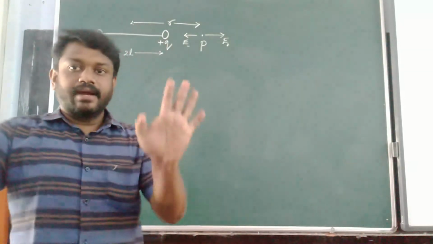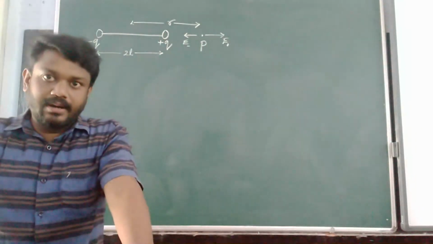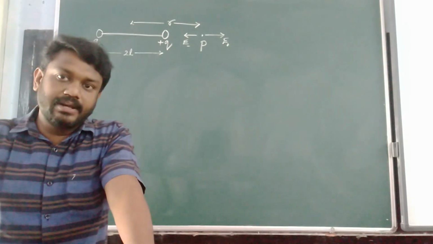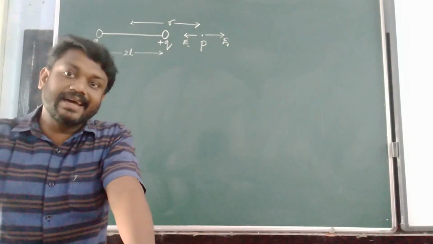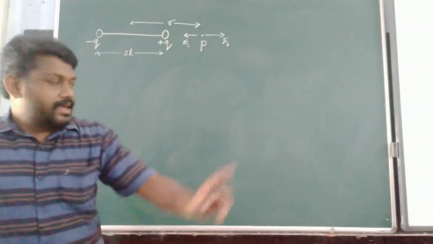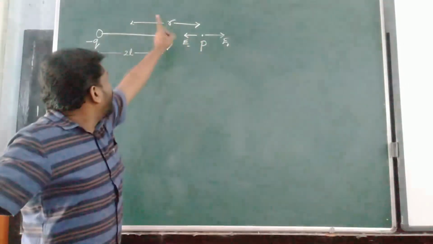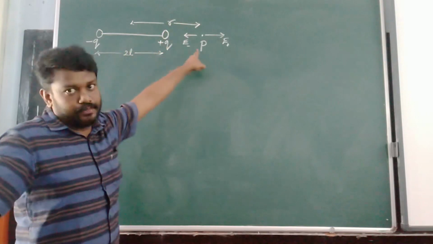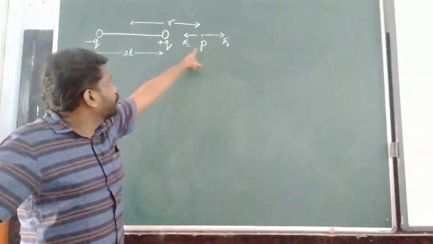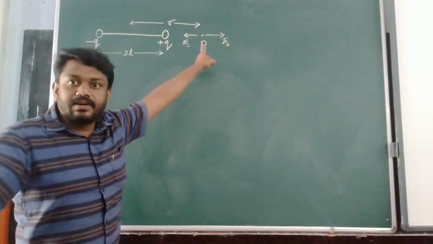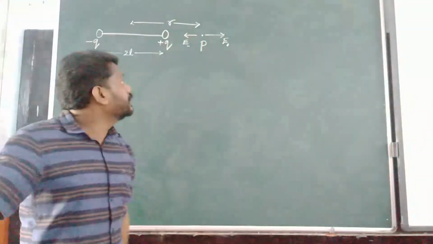Here for a dipole, we are finding the electric field intensity in two different directions. The figure shows the required point P, which is at a distance r from the center of the dipole. At distance r from the center of the dipole, we keep a point P where we have to find the electric field intensity.